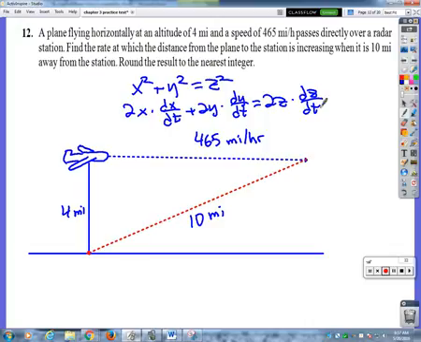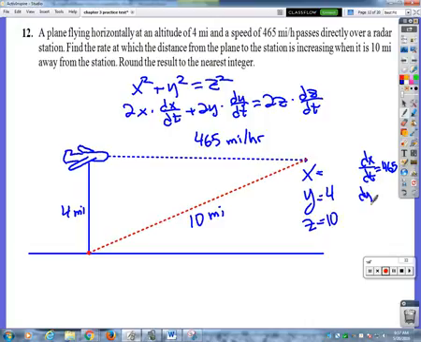What is x? What is y? No, x isn't 4. Isn't x 10? x is not 10. y is 4. Oh, I see. z is 10. Right. 465 is dx/dt.